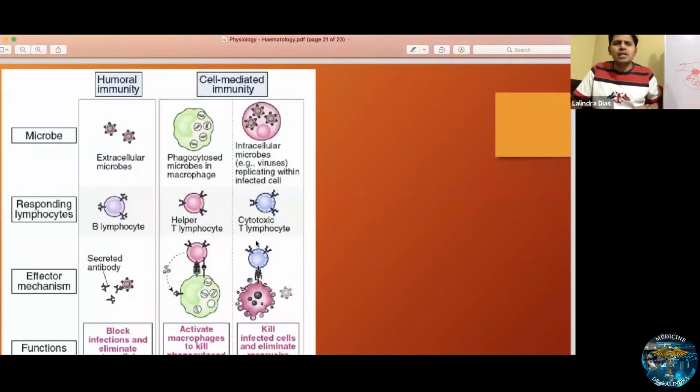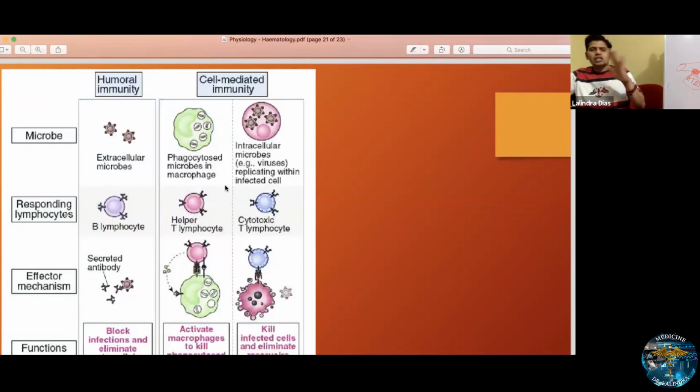So humoral immunity versus cell-mediated immunity. So see the differences. Now humoral immunity, guys. They mentioned here the extracellular, that means outside the cell microbes. In cell-mediated immunity, phagocytosis, phagocytose microbes in macrophages. So in cell-mediated immunity, you attack the bacteria or virus already taken up by the macrophage.